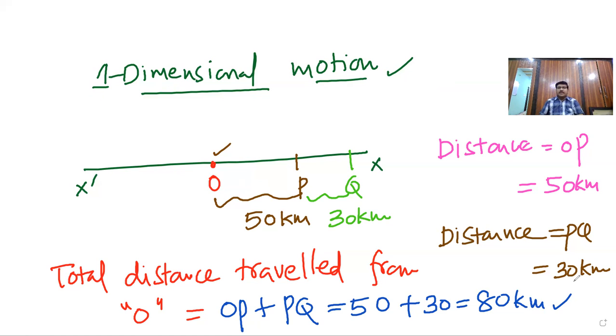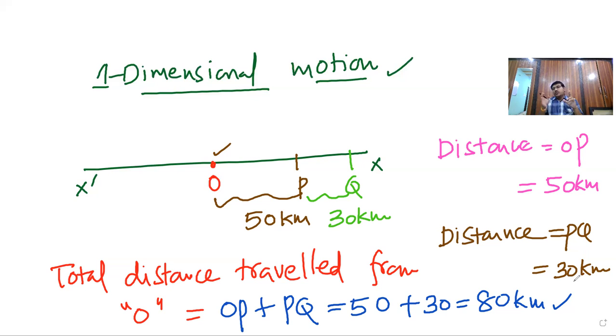Here, a simple example. From the reference point in one-dimensional motion, a straight line, the positive x-axis I have taken from the origin on this side, and the negative x-axis on this side. Clear? O is the reference point, and the object has moved from O to P. The path length is 50 kilometers, hence it has traveled 50 kilometers of distance.